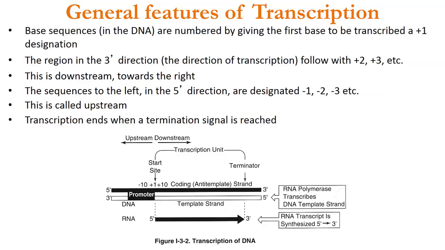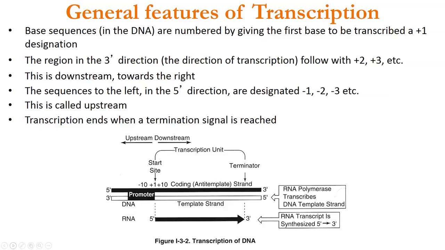Anything with a minus in it doesn't end up in the messenger RNA. It's important for transcription because it's in this promoter region; it defines how transcription is going to proceed, but it doesn't ultimately end up in the messenger RNA itself. Only from +1 on ends up in the messenger RNA.